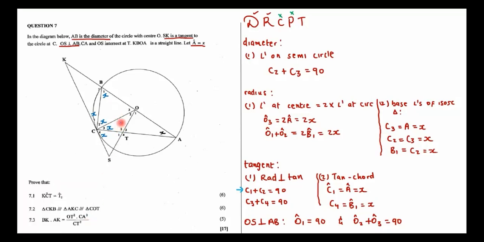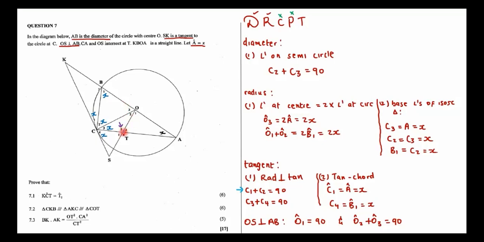If we don't have it, it means this angle can either act as an interior angle of a certain triangle, given that we know the other angles in that triangle, but as you can see here, we only know C3, and we don't know O2, so I'm not going to add that. Or it can act as an exterior angle of a triangle where we know both sides, but here we have CO, but we don't know S.